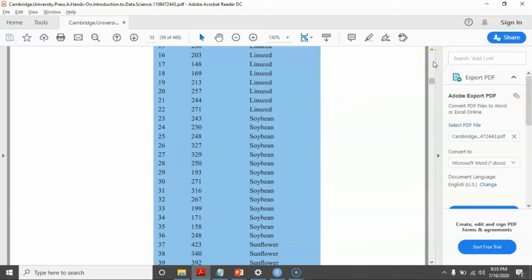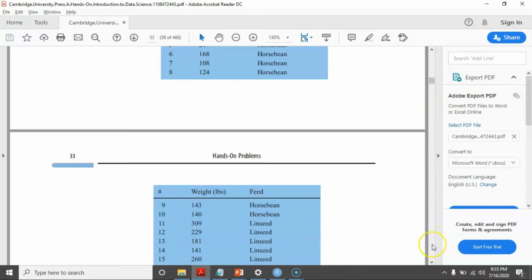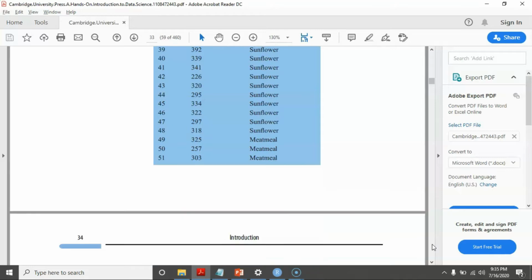So what we are trying to do here is find out which one is the healthier, which one is the best feed, which actually grows healthier chickens. Okay, so here if you can see, there are horsebean, linseed, soybean, and I guess sunflower.